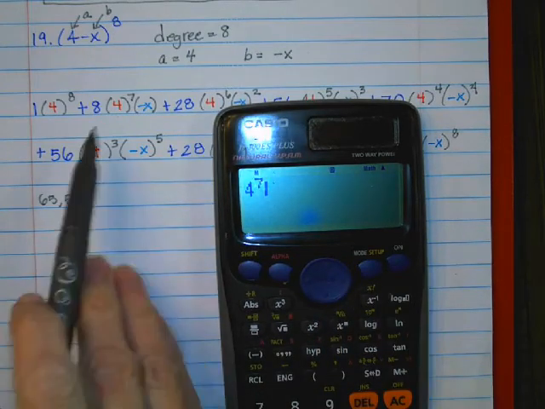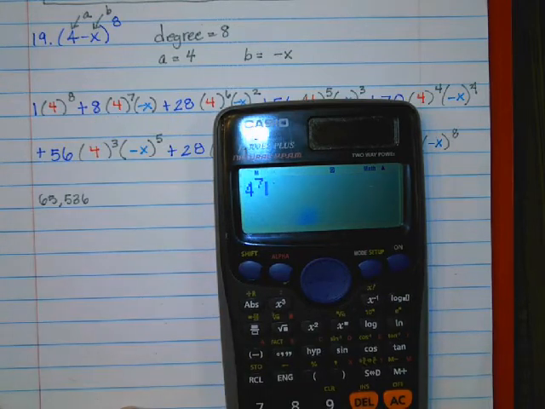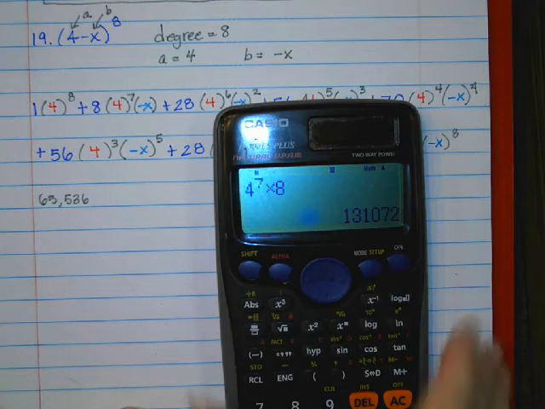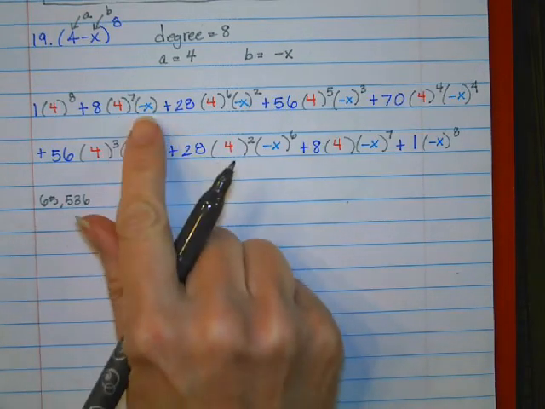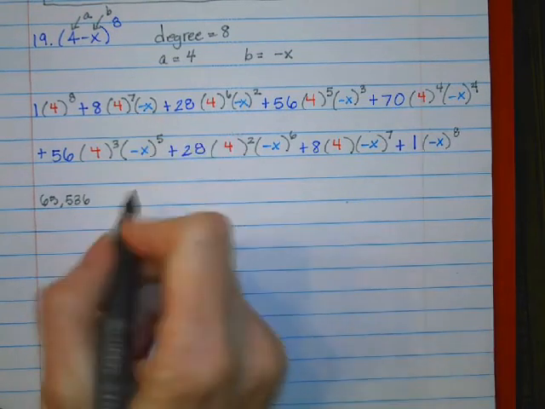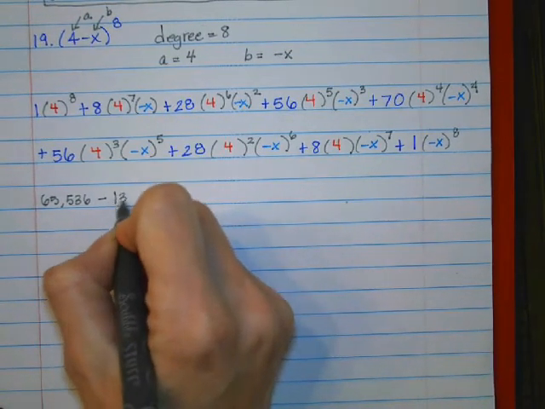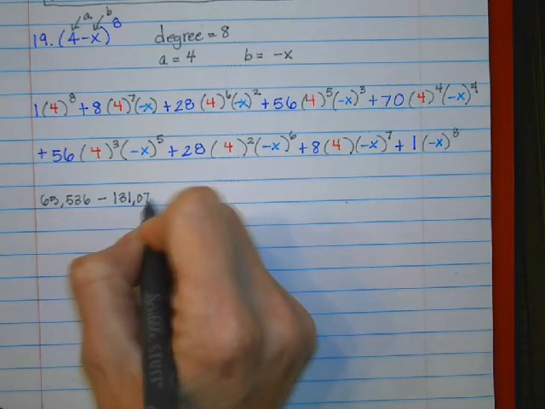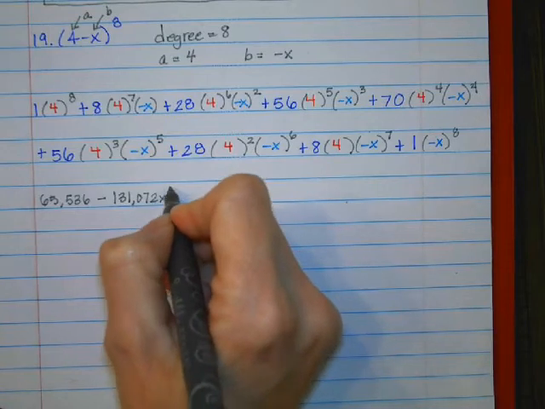And then, after we raise it to the 7th power, we got to multiply it by 8. We're going to get this big old number, 131,072. And then, we're going to multiply that by a negative x. And it's going to make it a negative 131,072 x to the 5th power.